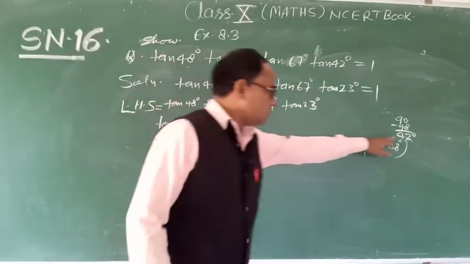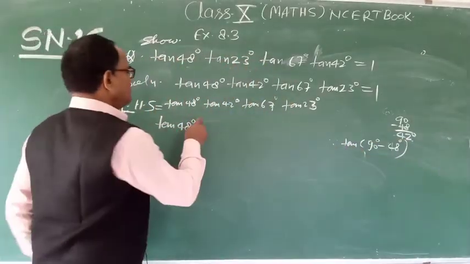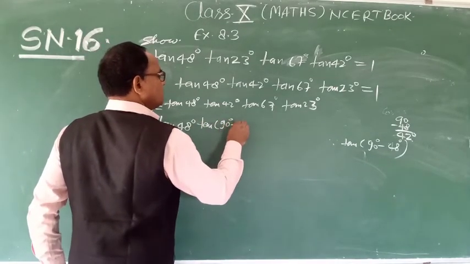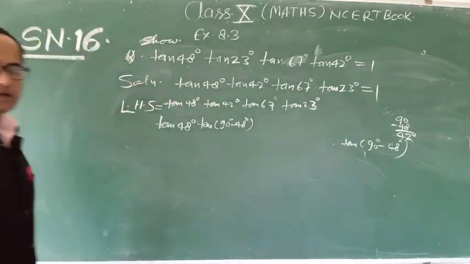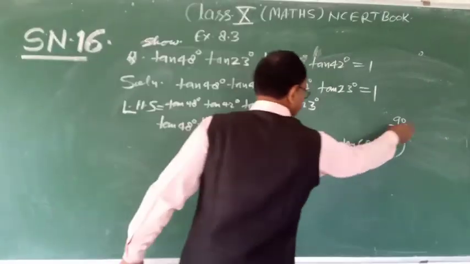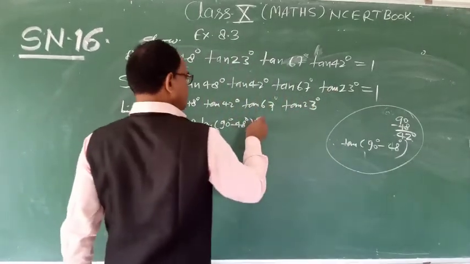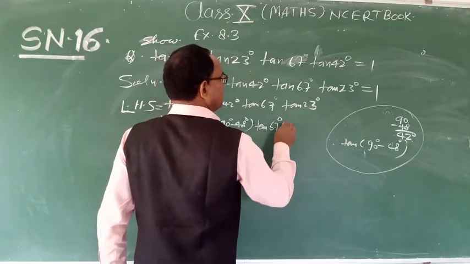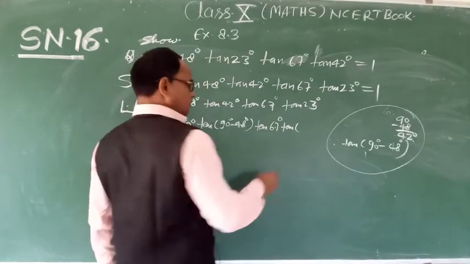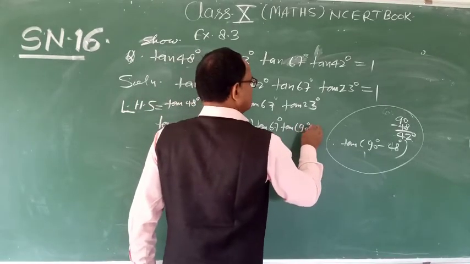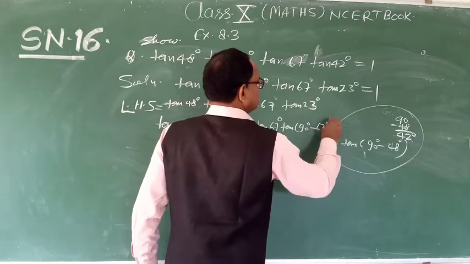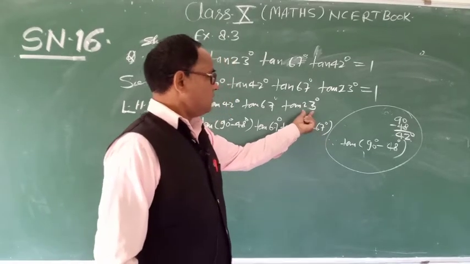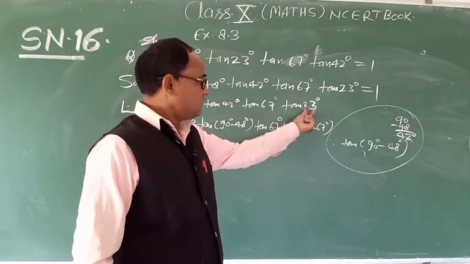On this place, in place of 42 degree, we can write tan 90 degree minus 48 degree. Okay student, we can write by this method. And here tan 67 degree, we can write tan 90 degree minus 67 degree, we get 23 degree. 90 minus 67 degree is equal to 23 degree.